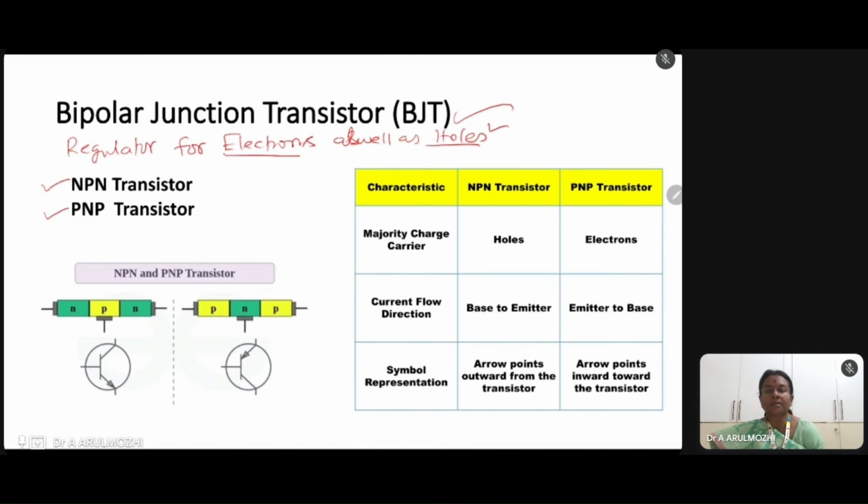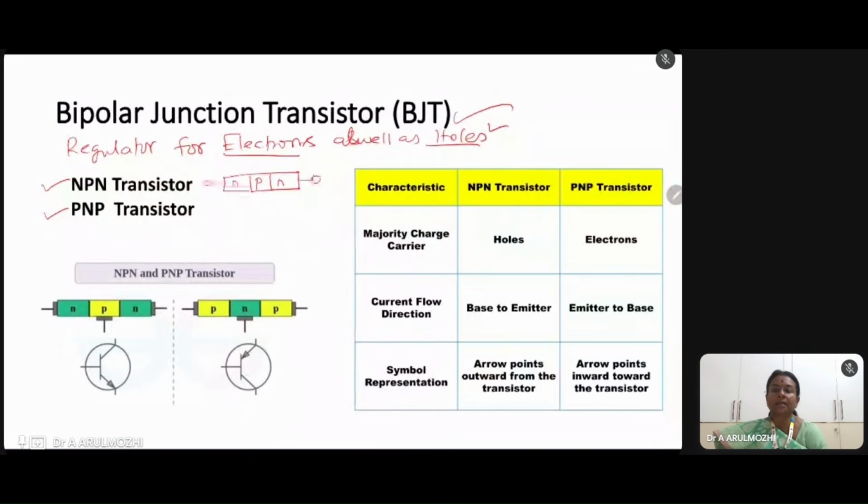Very simply, we can construct the PNP transistor and NPN transistor with the help of P-type and N-type semiconductors. As you know, P-type and N-type can be prepared by adding impurities of pentavalent and trivalent materials. In the case of the NPN transistor, first I take a P and N junction, and on this side if you add N, I can make the NPN transistor.